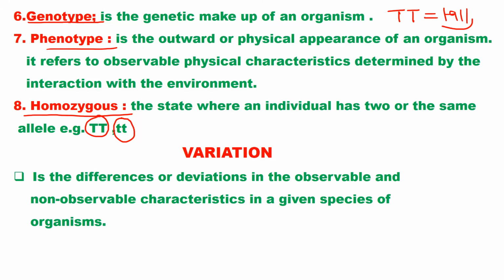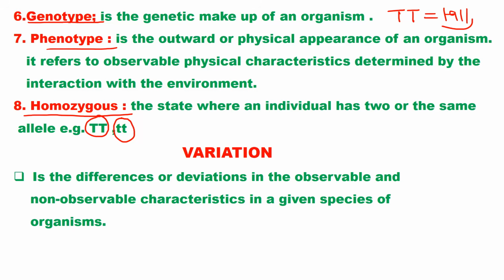If they are the same, then they are homozygous. It is the state where an individual has two of the same allele. So TT for tallness, that is height, tt for short, that is height. When someone has the same alleles, that is what you call homozygous.